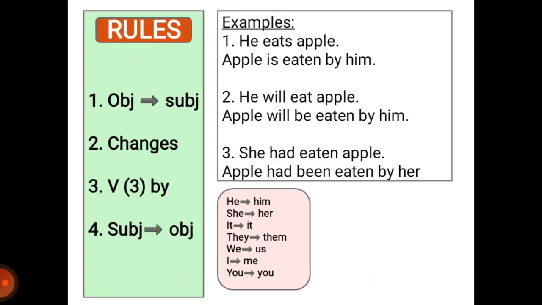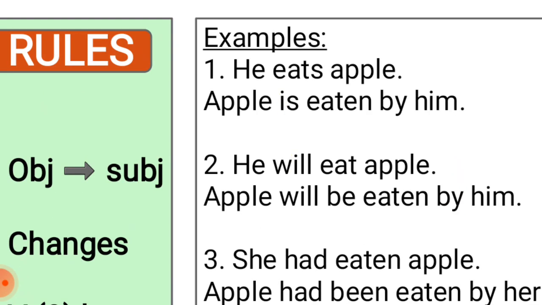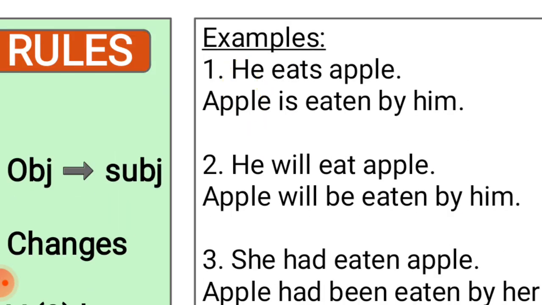So apple is eaten by. And the last rule, number 4, is subject will be converted into object. What is the subject? In the sentence, the subject is he, and he will be converted into object.